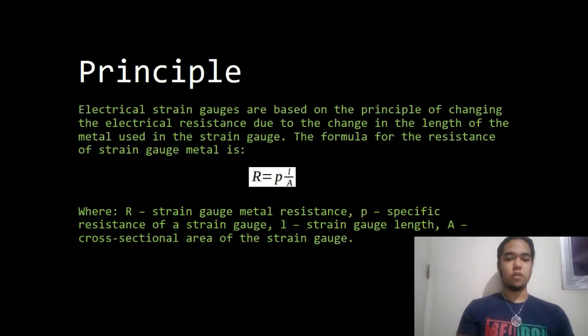The formula for the resistance of a strain gauge metal is R equals P multiplied by L over A, where R is the strain gauge metal resistance, P is the specific resistance of a strain gauge, L would be the strain gauge length, and A would be its cross-sectional area.